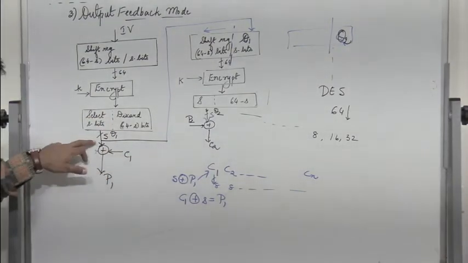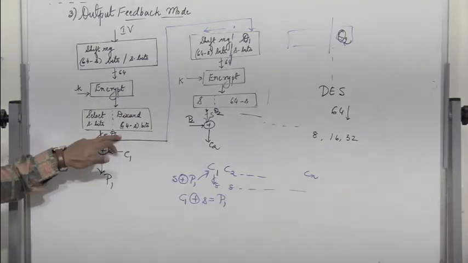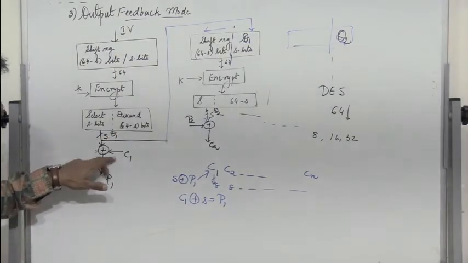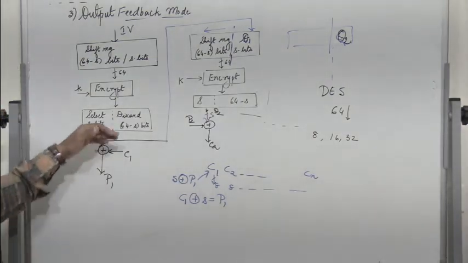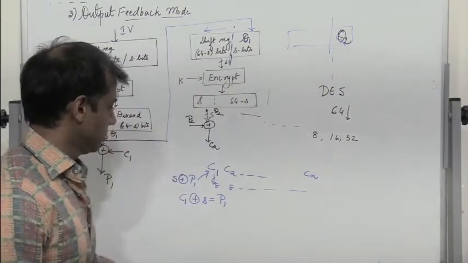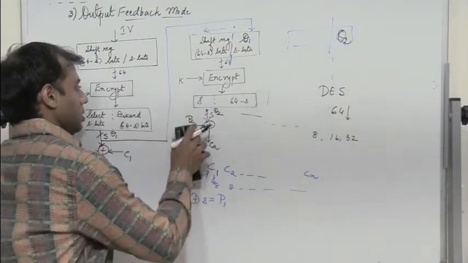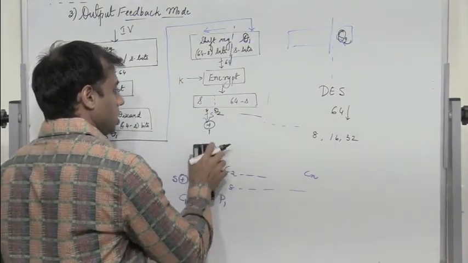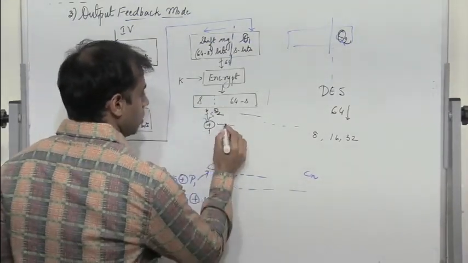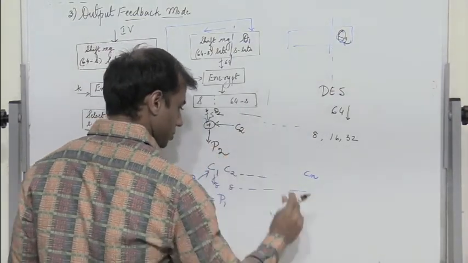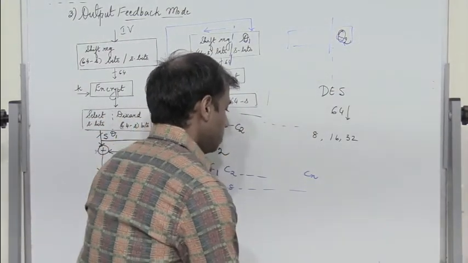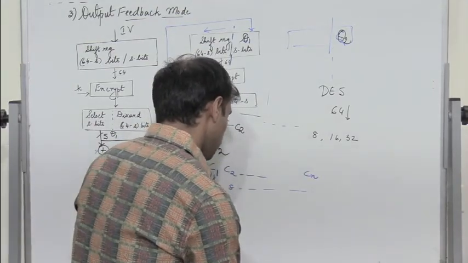Till here I get O1, so O1 XORed with C1 gives me P1. It's as simple as that. In the next process I get O2 here, and at the destination stage I need P2, so we XOR it with C2 to get P2. So this process is known as output feedback mode.